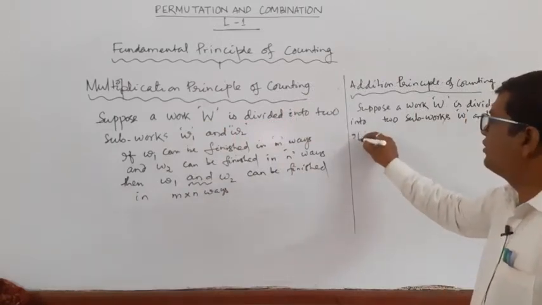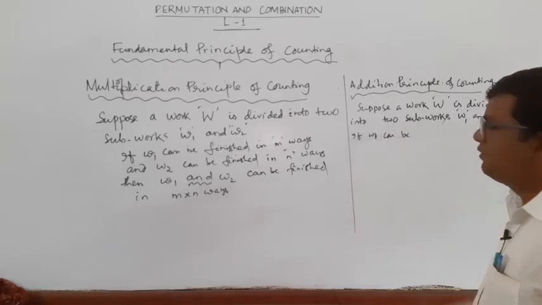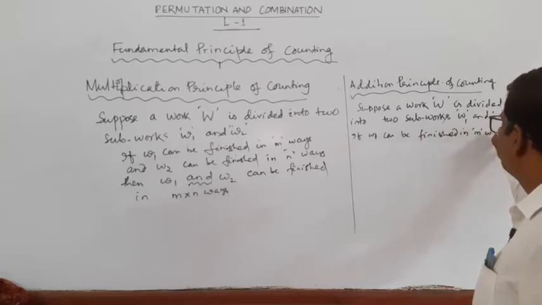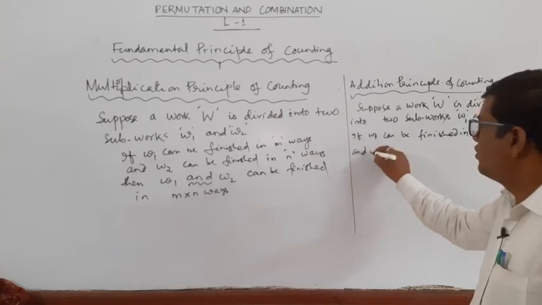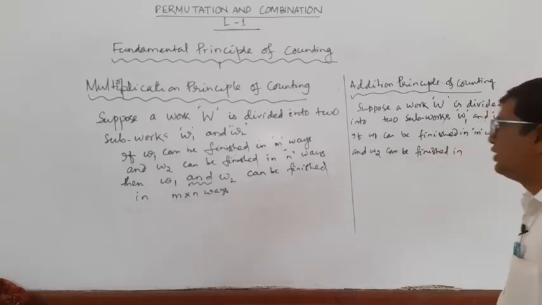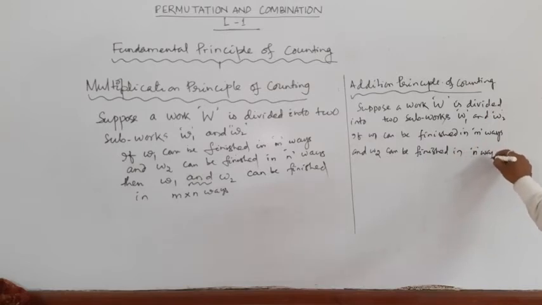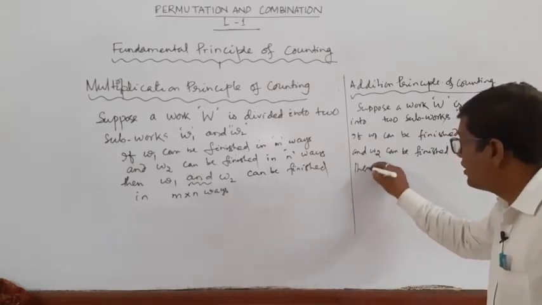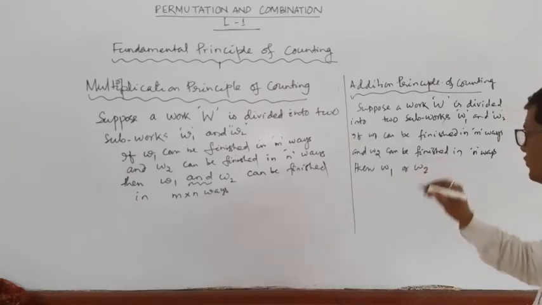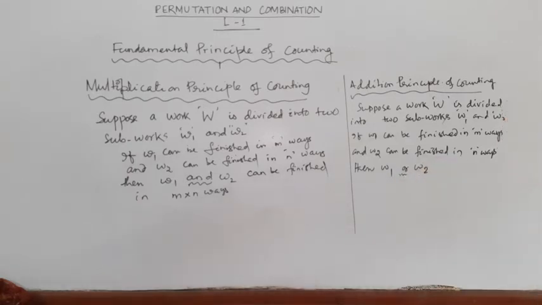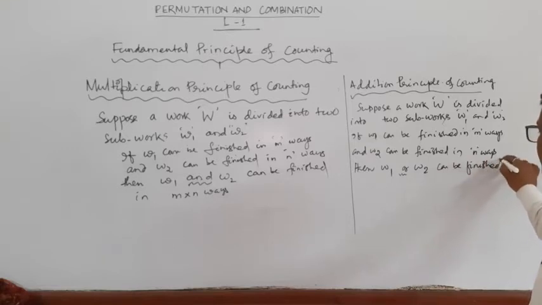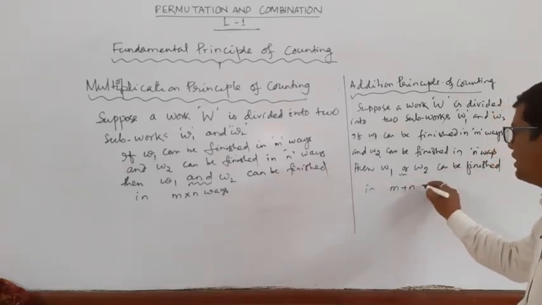If W1 can be finished in m ways and W2 can be finished in n ways, then, very important, W1 or W2, where the conjunction is or, can be finished in m plus n ways.